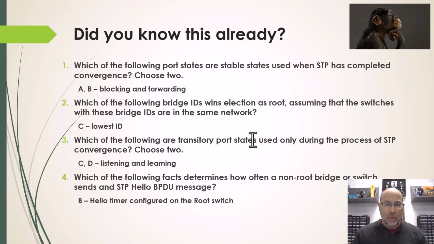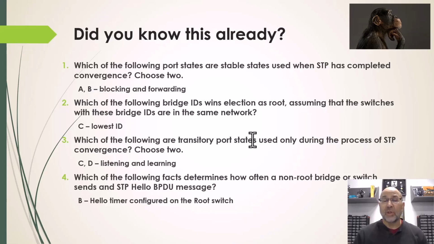Question number 2, which of the following bridge IDs wins election as root, assuming that the switches with these bridge IDs are in the same network. So the key to all of this is that the root election is based on the lowest bridge ID. Bridge ID, and I'll say this a bunch of times, is a combination of priority plus MAC address.